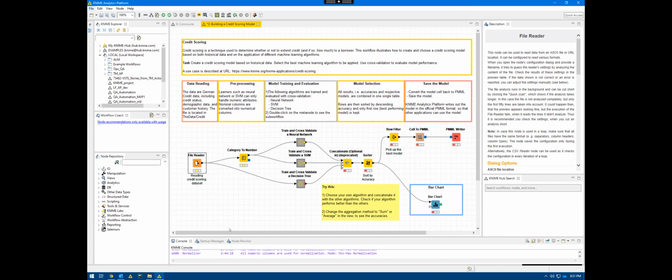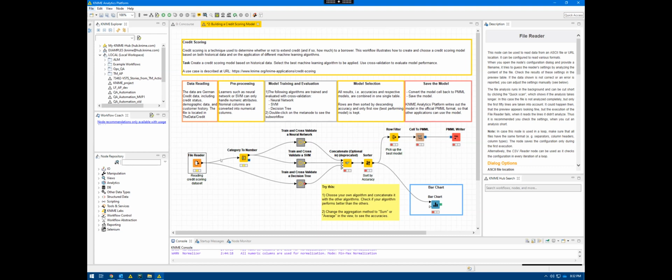So what can you do with this particular tool? To start with, it's not your traditional programming language. As you can see here, I have this example for a credit scoring model. Everything is represented by these boxes.